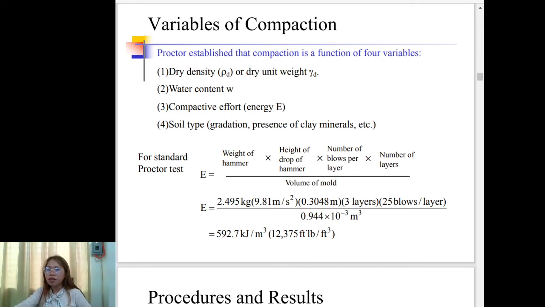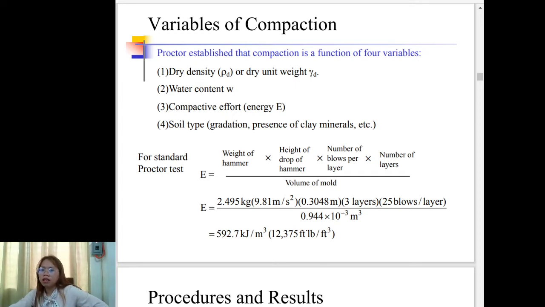We have the compactive effort E. For the standard Proctor test, for example, we are required to determine the dry density or dry unit weight, the water content, compactive effort, and soil type, gradation, presence of clay minerals, etc. So for the standard Proctor test, the formula to determine the compactive effort is the weight of the hammer times the height of drop of the hammer times the number of blows per layer times the number of layers, divided by the volume of the mold.